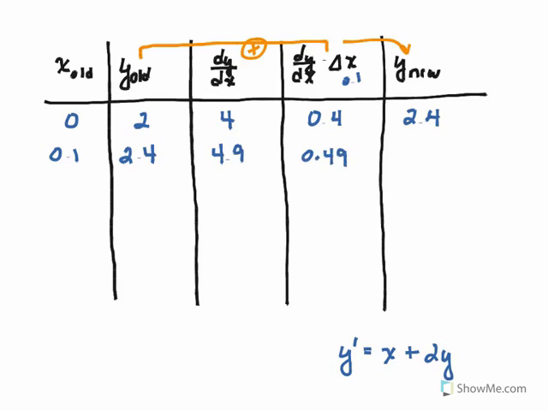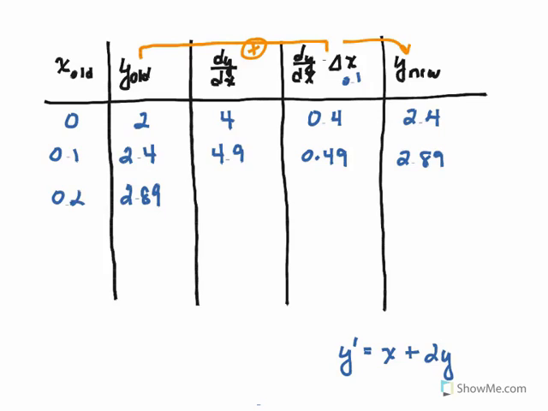And then finally adding together our old y value of 2.4 plus this product we just obtained, 0.49, we end up with 2.89, which once again becomes our next y value from which we're going to work. Our x's simply go up in increments of 0.1.